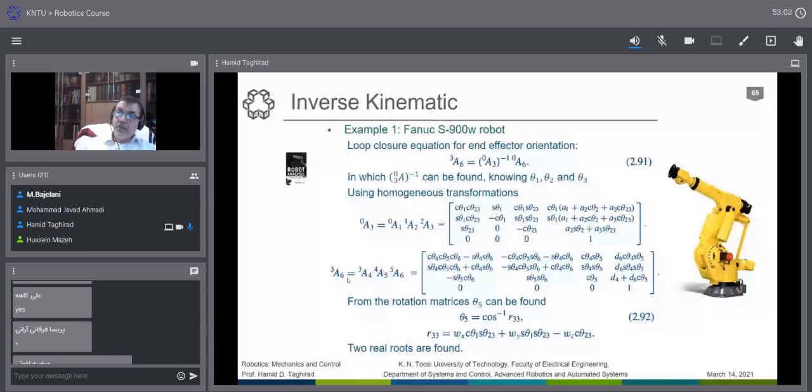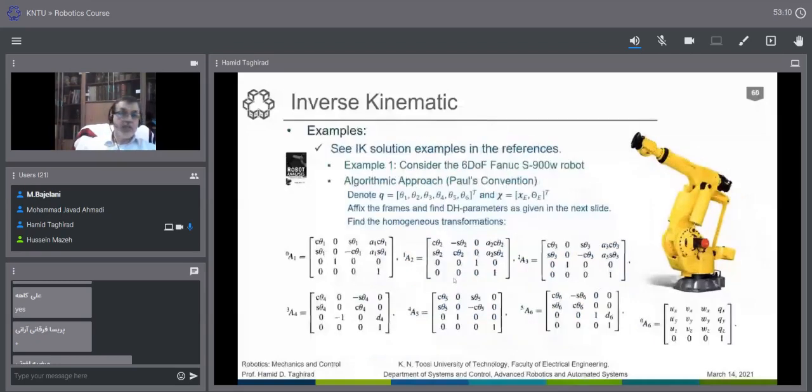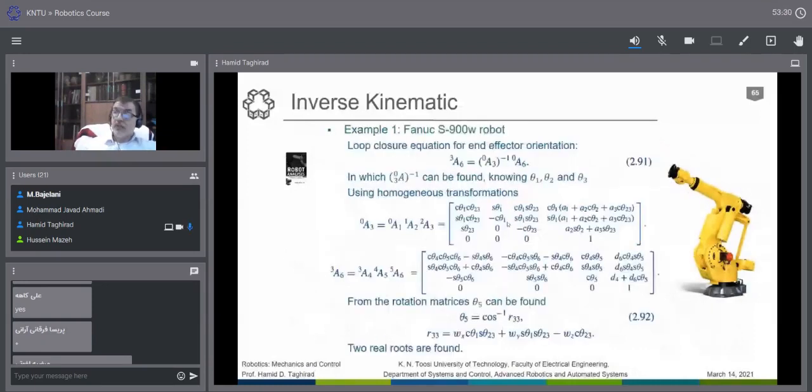By multiplication of these three equations, as you see here, and using the symbolic MATLAB toolbox, you can find simply this equation from one side. From the other side, A 0 to 3 is also given, and you can find the inverse of this manipulator as well. So you have this one, you have also this one.